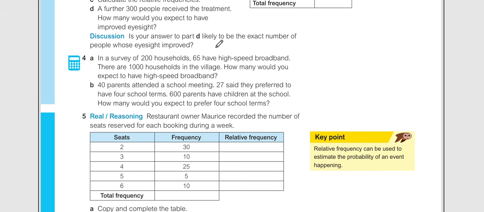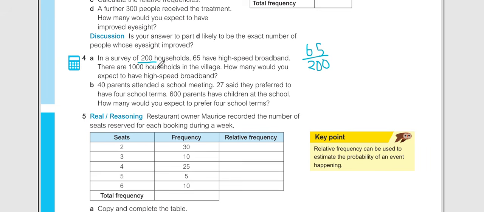Now we have to find the relative frequency of having high-speed broadband. Now what is the frequency of having high-speed broadband? 65 out of, what's the total frequency? 200. This is the relative frequency of having high-speed broadband.